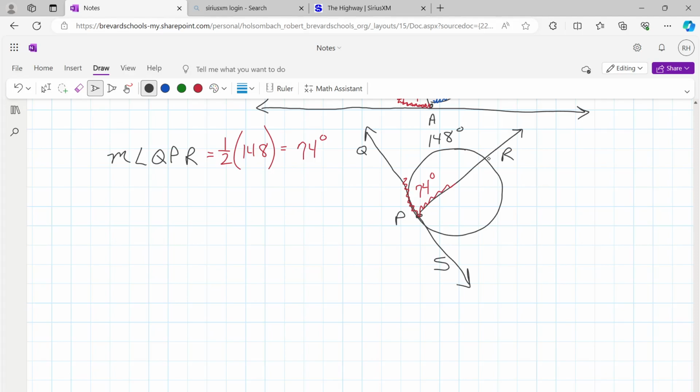If we want to find the measure of angle RPS, it would be equal to 180 minus the 74. 180 minus 74 is 106.